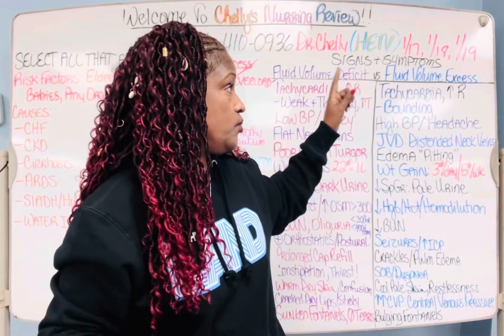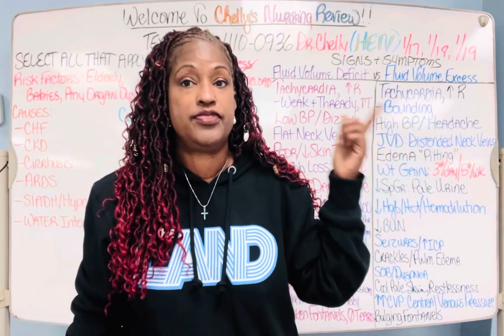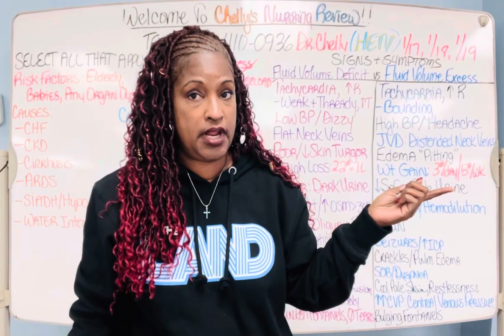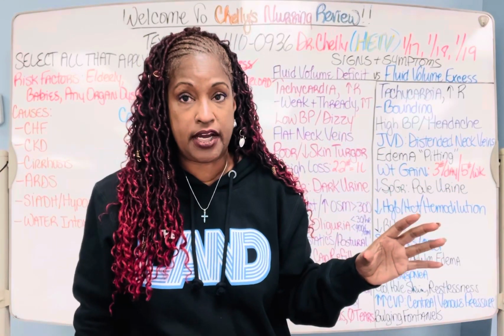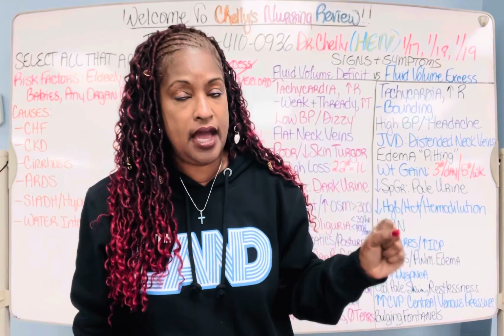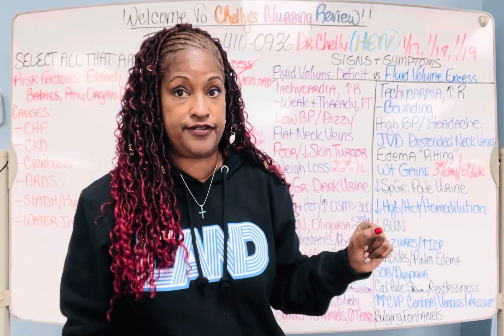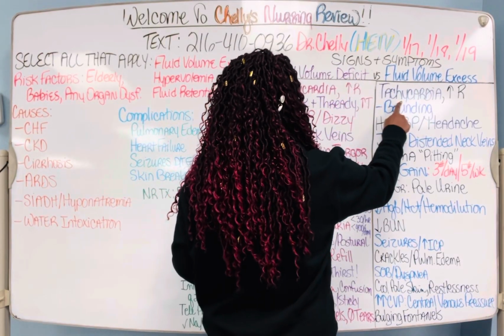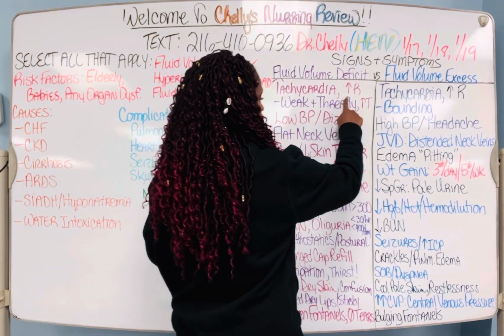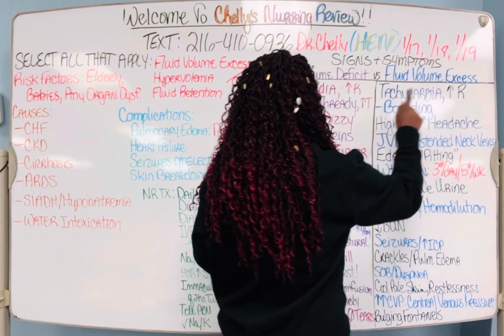It's just that with fluid volume excess, the blood pressure is also high. However, even though both patients have tachycardia, the quality of their pulse is very different. So watch this. Tachycardia, tachycardia. High respiratory rate, high respiratory rate.